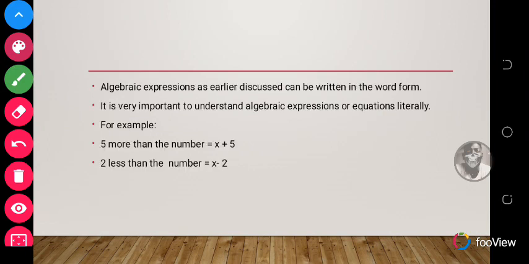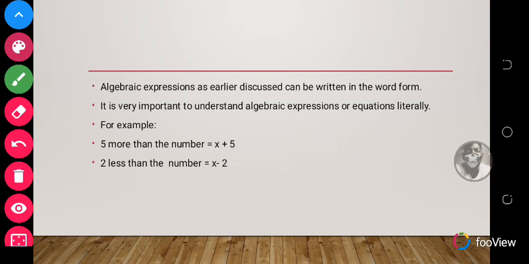As earlier discussed, algebraic expressions can be written in word form. Sometimes in questions, instead of the algebraic expression written mathematically, it will be written in word form. So it is very important to understand algebraic expressions or equations literally.